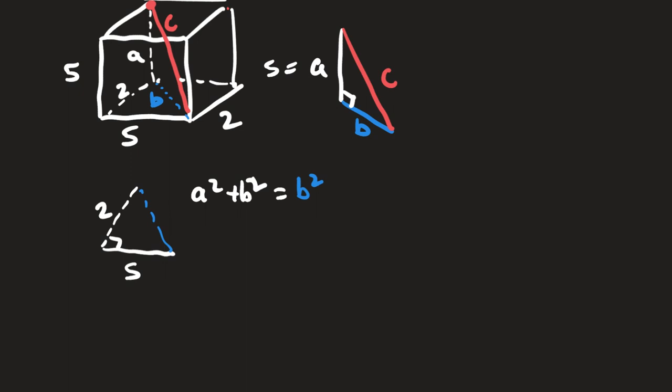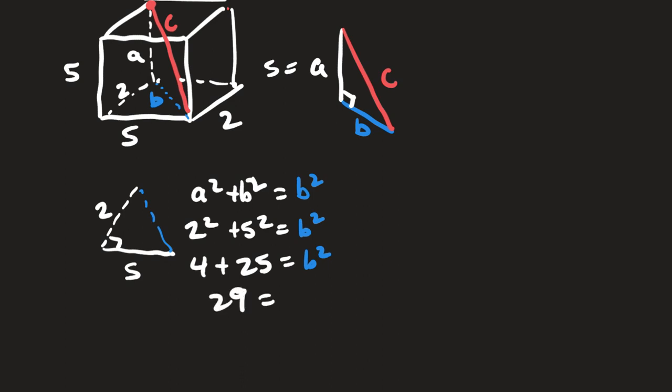But anyway, what we would have is a squared is 2 squared, b squared is 5 squared, equals this b squared, not that it's b, it's the hypotenuse in this case. So we have 4 plus 25, right? Because 2 times 2 and 5 times 5 equals b squared. And that's 29. So 29 is equal to this b squared.